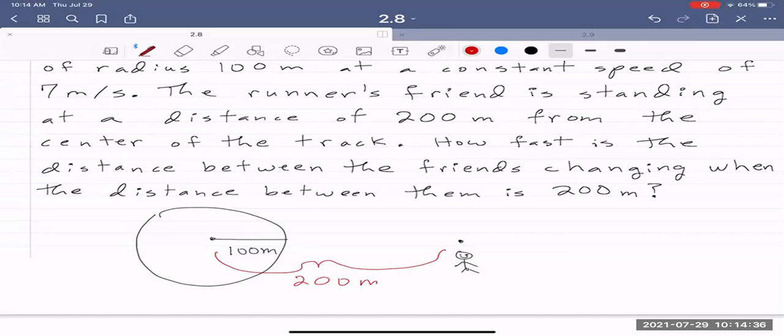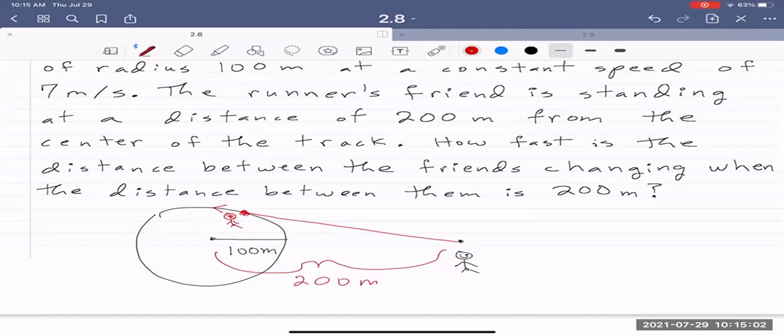And then you ask, well, suppose you're here running. How fast is this distance changing when you're 200 meters apart? Well, let's say you're running around this way.